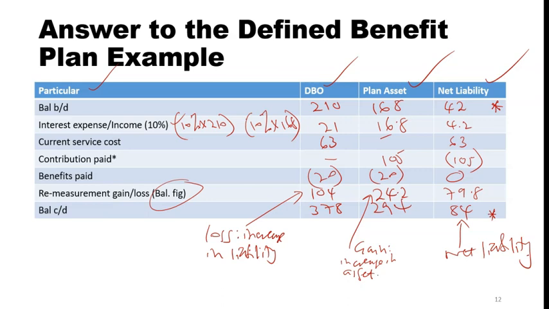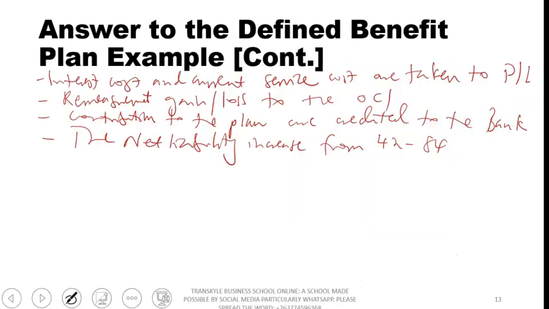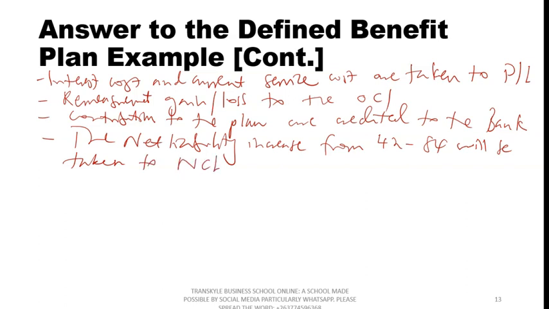From 42 to 84 will be taken to the non-current liabilities. That's an increase in the non-current liabilities.